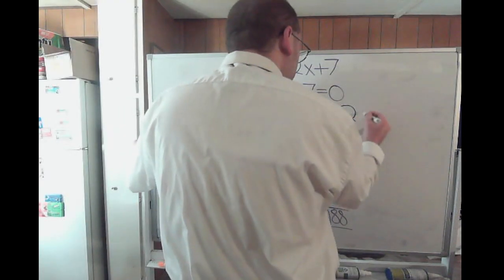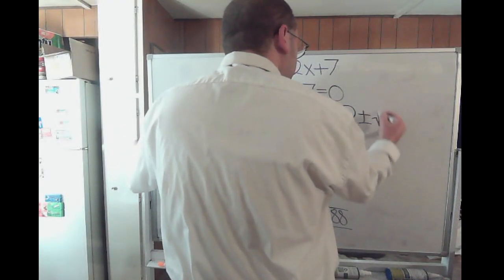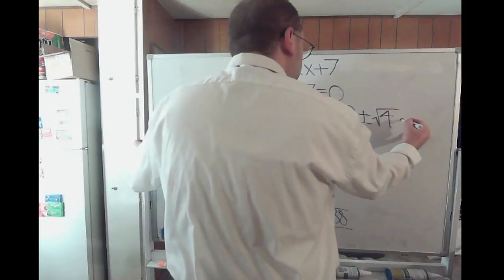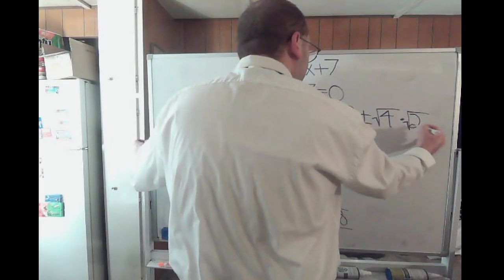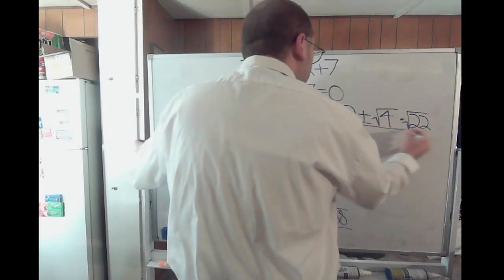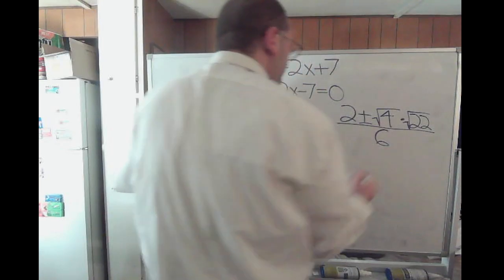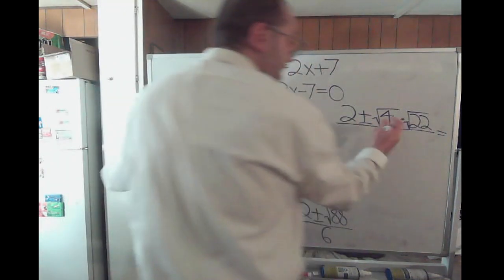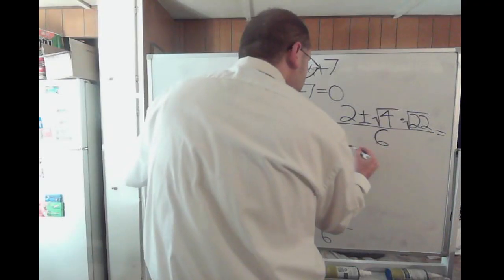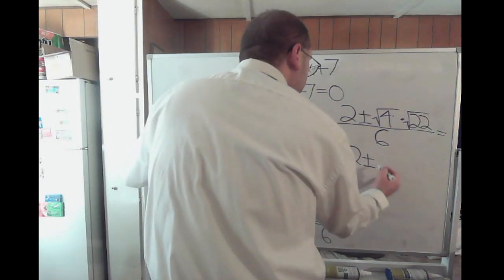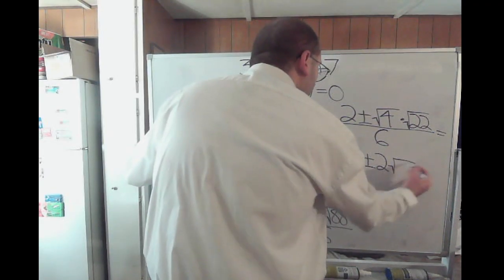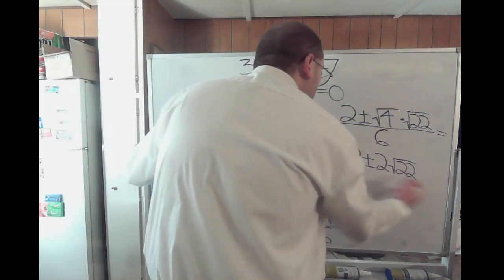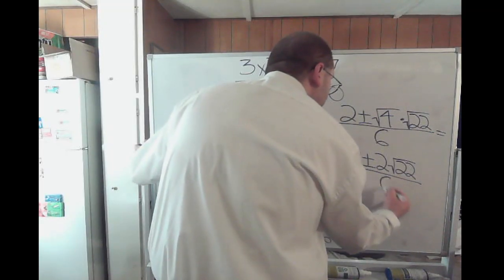We'll have 2 plus and minus the square root of 4 times the square root of 22. This will all be over 6, which we know the square root of 4 happens to be 2. So this turns into 2 plus and minus 2 times the square root of 22 all over 6.